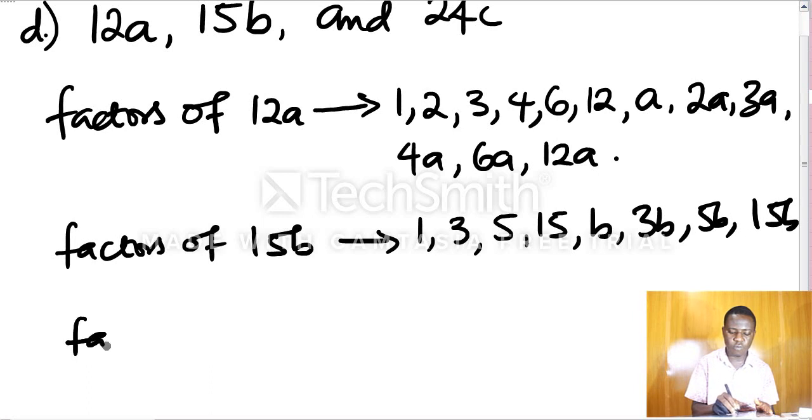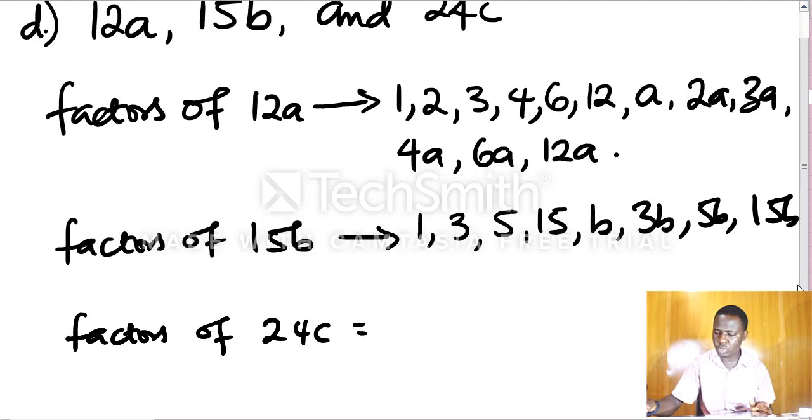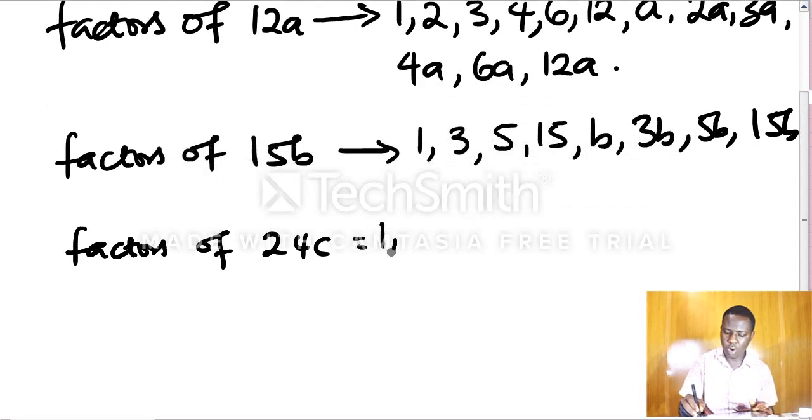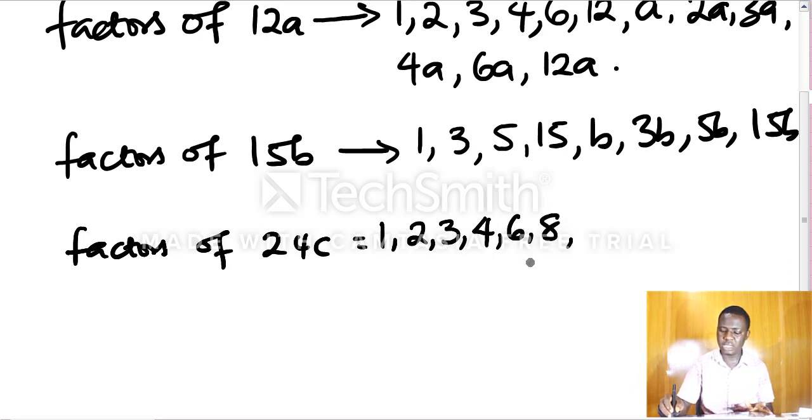Factors of 24c include 1, 2, 3, 4, 5 is not a factor, 6, 7 is not a factor, 8, 9 is not a factor, 10 is not, next is 12, and 24, also c.